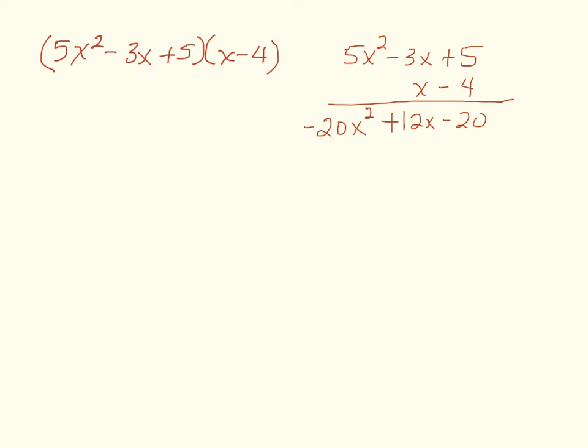Then x times 5 is a positive 5x. X times negative 3x is negative 3x squared. Then x times 5x squared is 5x to the third.